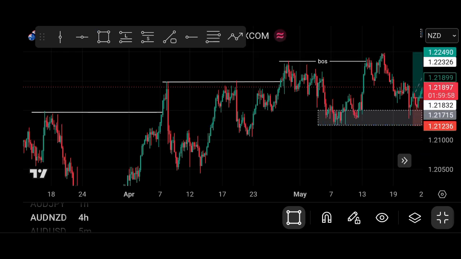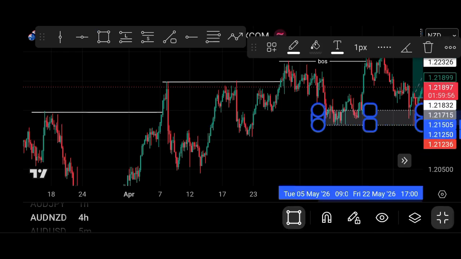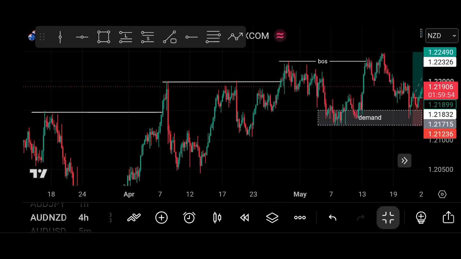That is your demand zone. Demand zone is usually for people that want to buy. Supply zone is usually for people that want to sell. Basic definition. Of course, we can go more technical into it, but this is just a basic understanding.